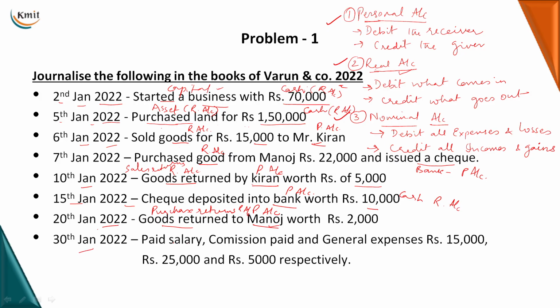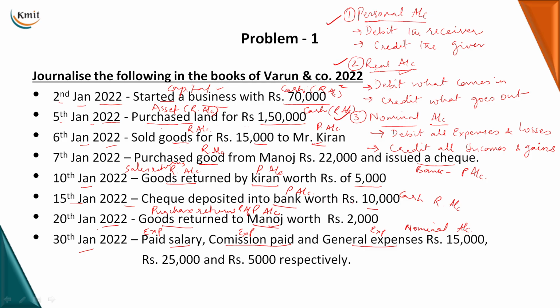Next one, 30th Jan 2022, paid salary. It's an expenditure. Commission paid, that means you are paying commission to the agents. It is also an expense. And other general expenses incurred by the business are also expenditures. All the three items are expenditures, and this category of things comes under nominal account.